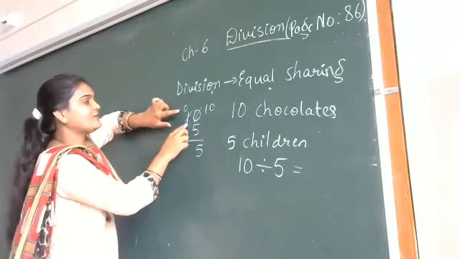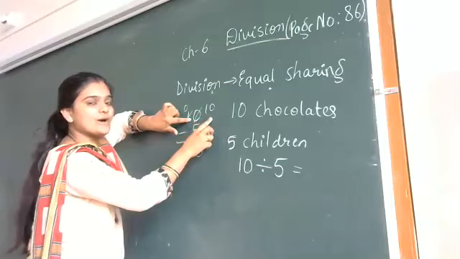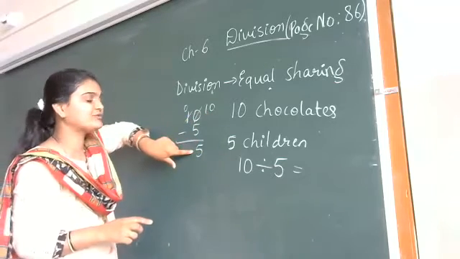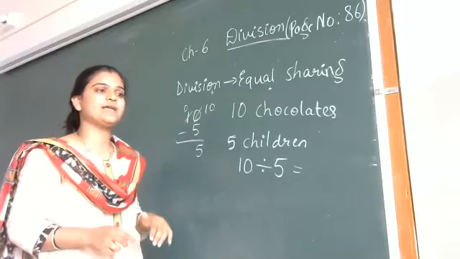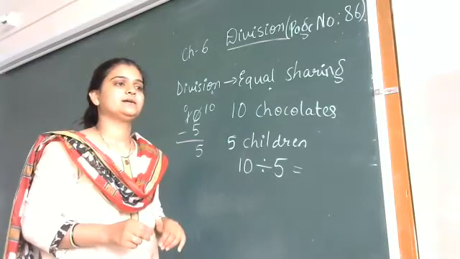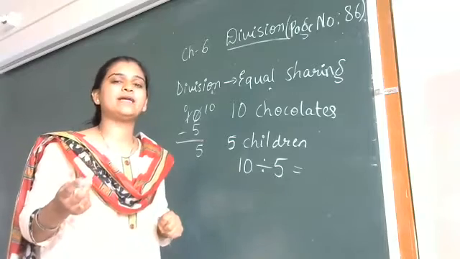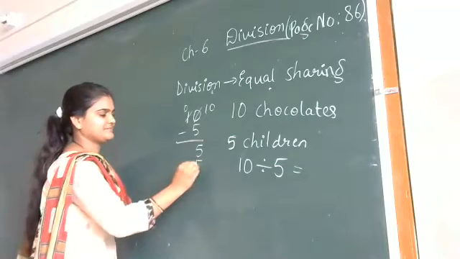The 0 now becomes 10 ones. 10 ones minus 5 ones leaves 5 ones. Can you again subtract 5 from 5? The answer will be 0.